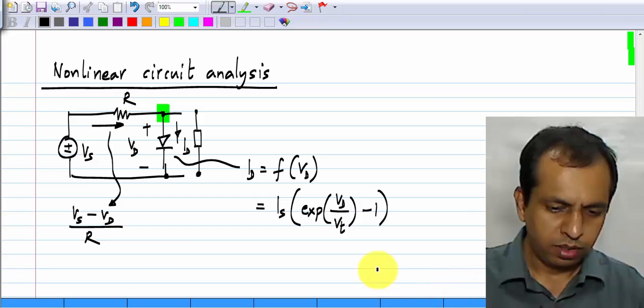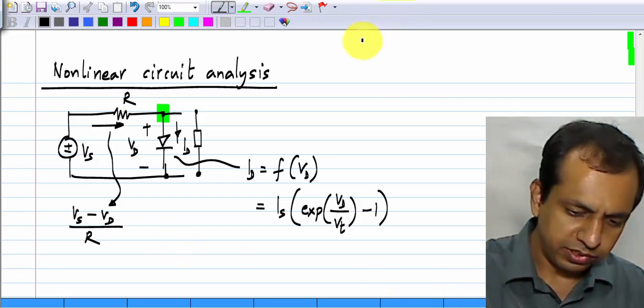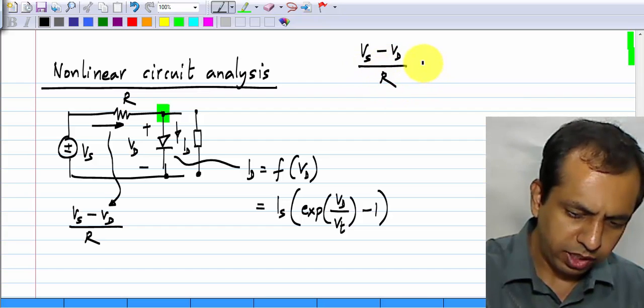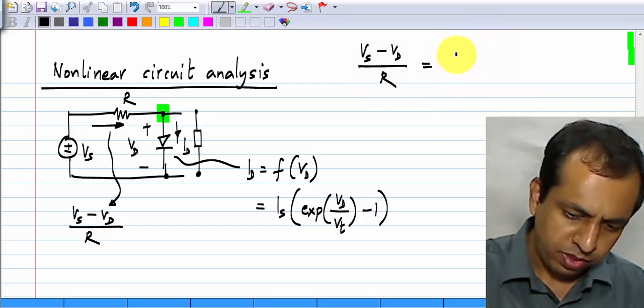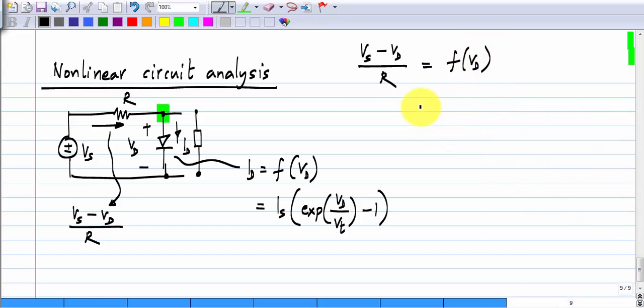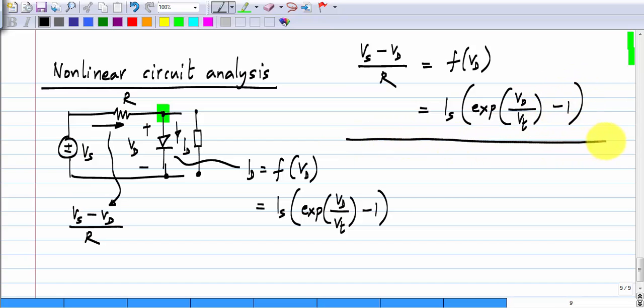So, our KCL equation simply says that (Vs minus Vd) by R equals f of Vd in case of a general nonlinearity, or in the specific case of a diode, it is Is exponential Vd by Vt minus 1.